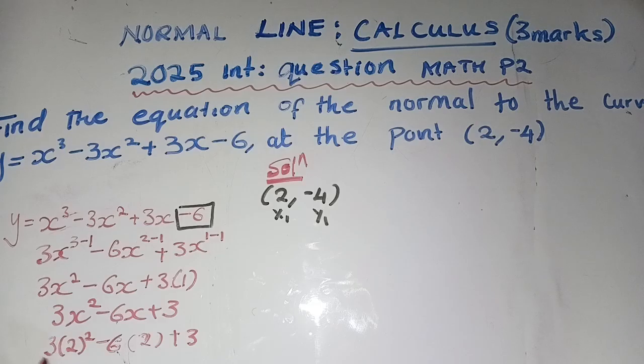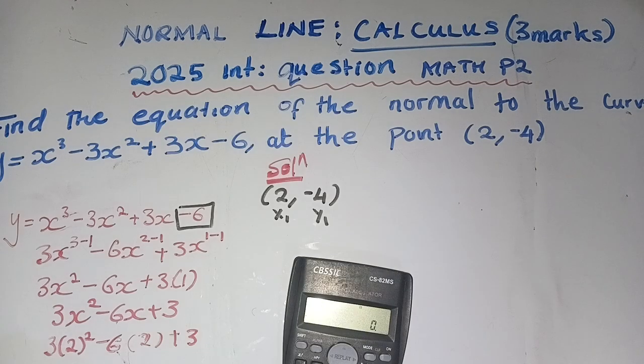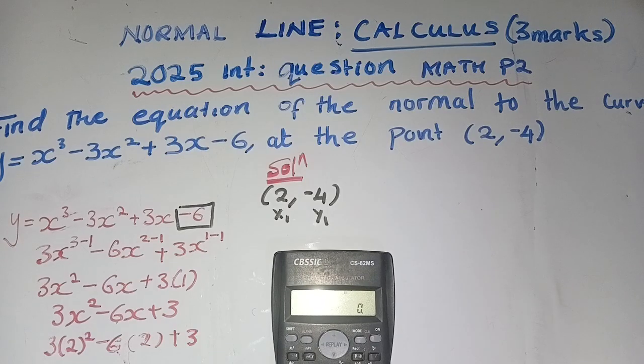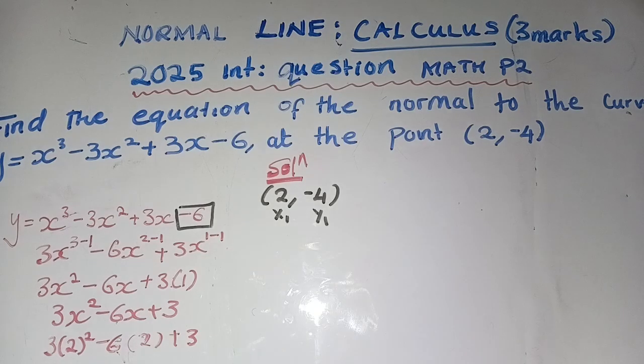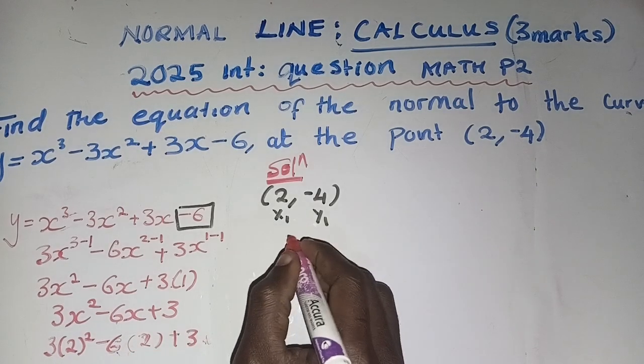Using a calculator, 2 squared is 4, so 4 times 3 is 12, then 12 minus 12 is 0, then plus 3, it is 3. The final answer we are going to have here is 3.